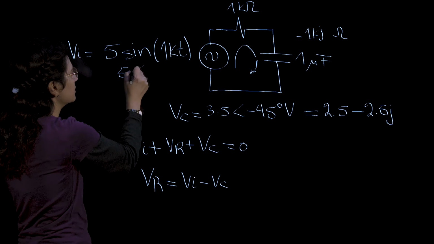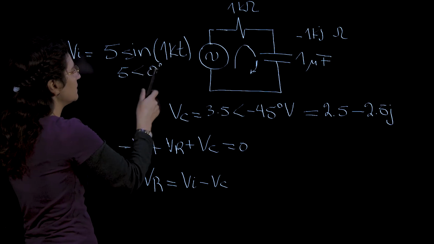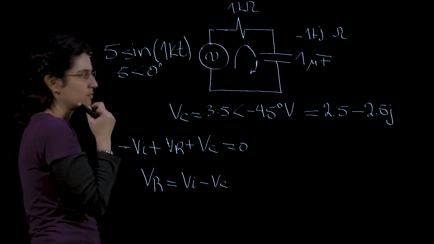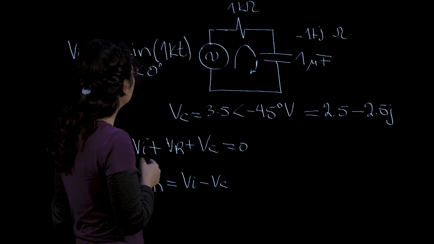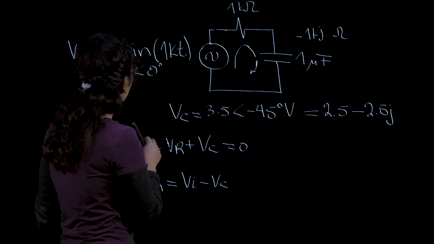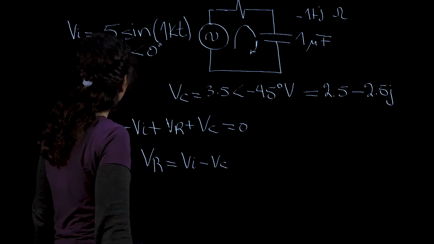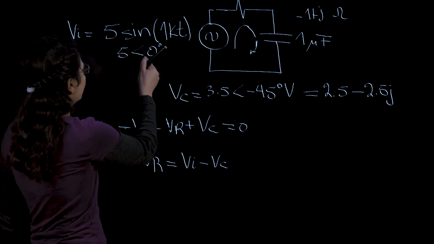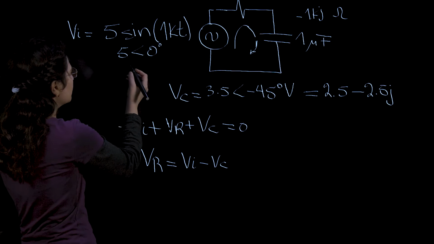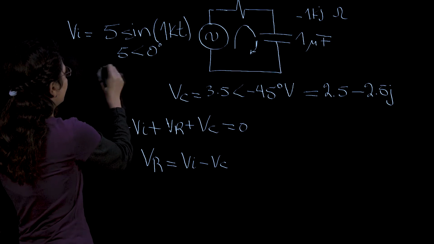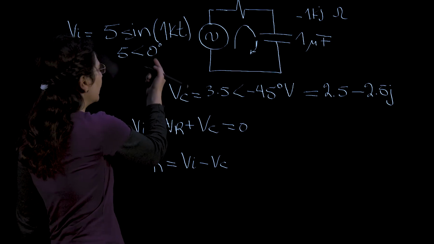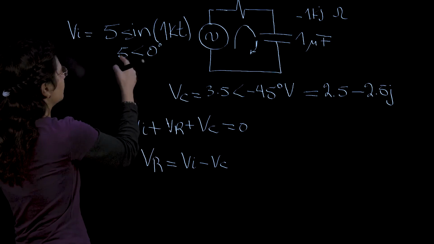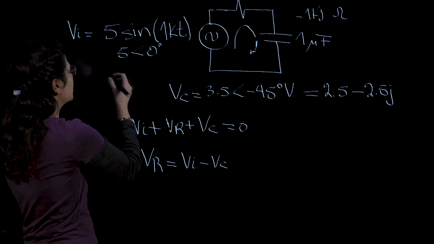Now, our phasor representation of my voltage source, we saw that it was 5 volts at 0 degrees because there is no phase here. And this is the magnitude, so I have it automatically in phasor form. So the input voltage in Cartesian form would be the magnitude times cosine of 0, which is 1.